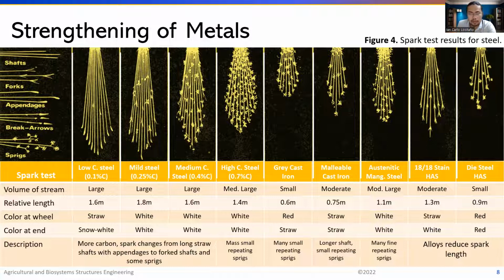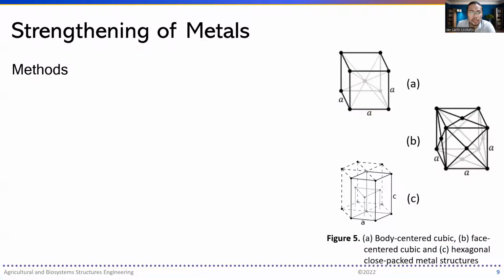Now, it's important also to take note of the different ways to strengthen these metals. You have here work hardening. This is a physical method, the only physical method among the options presented to strengthen metals.